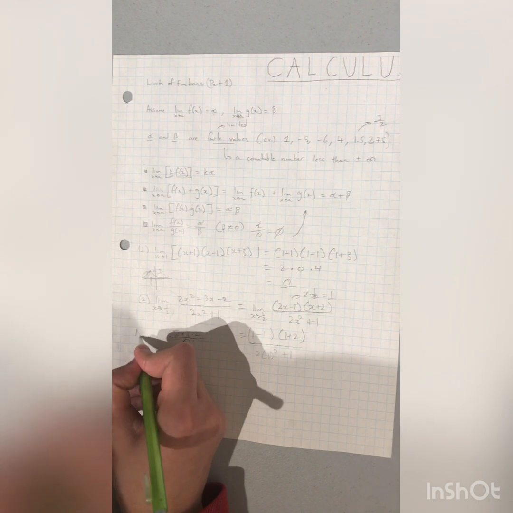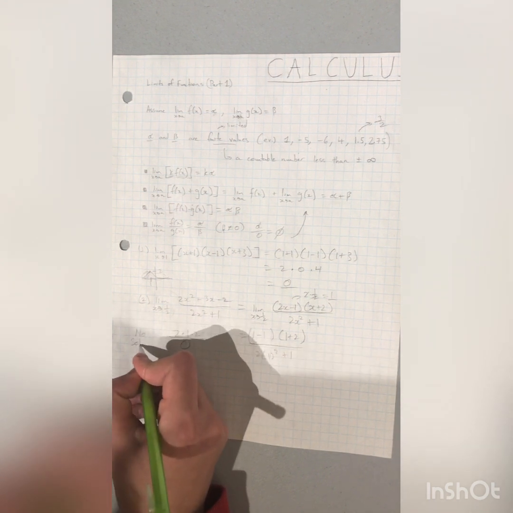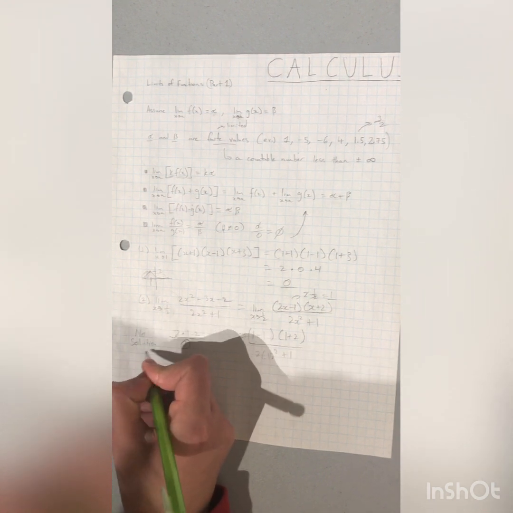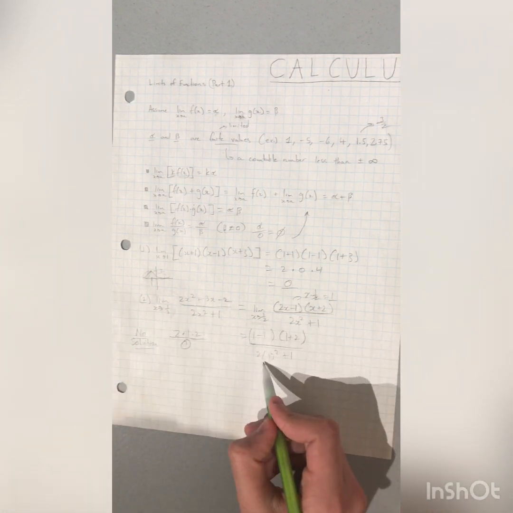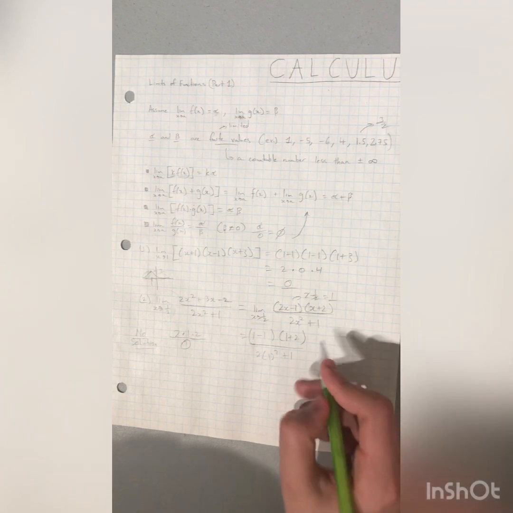So you just write no solution, or whatever the preferred way your teacher says. So over here we do have a solution, since the denominator doesn't equal 0.